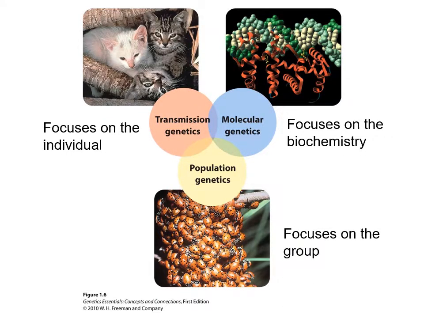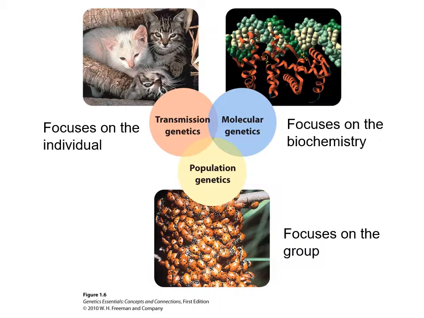Now, there's basically three, you do need to know these, the three areas of genetics, three fields that your book lays out for you: transmission genetics, which is Mendelian genetics; molecular genetics, which focuses on the biochemistry of the DNA and the RNA and the protein, for example; and population genetics, which overlaps with evolutionary genetics and the genetics of groups.